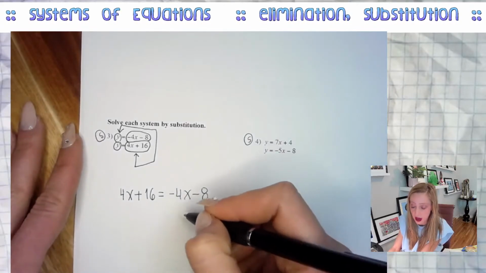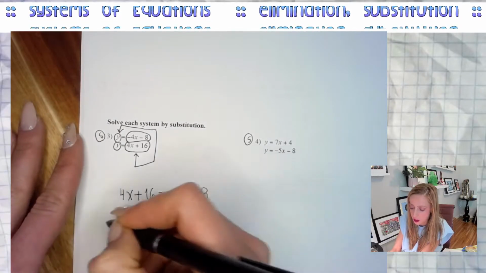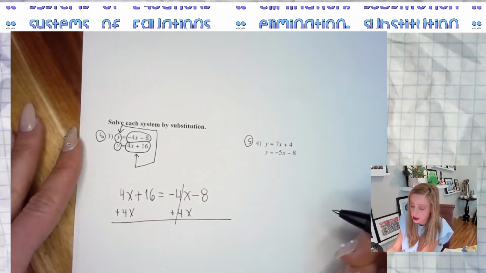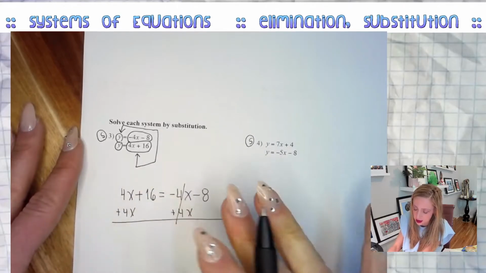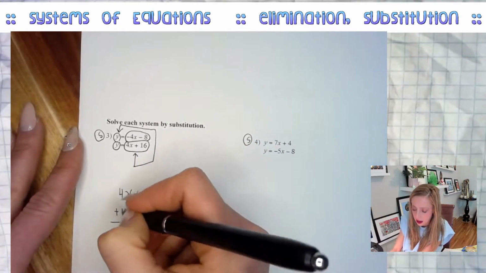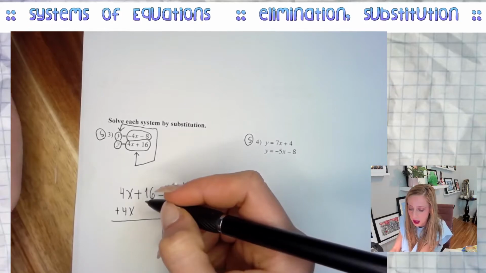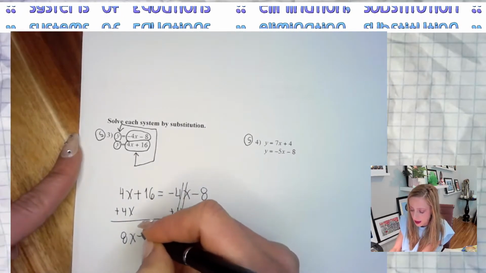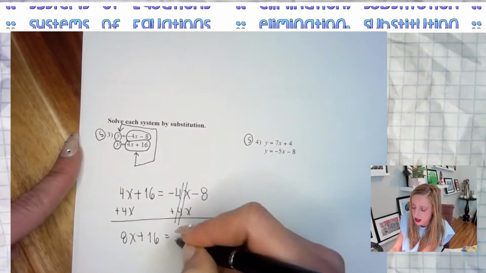Now we're going to solve for x. I'm going to add 4x to both sides. Eliminate some more, but not elimination. That's not what this is. That cancels out. Now combine like terms, and we get 8x plus 16 equals negative 8.